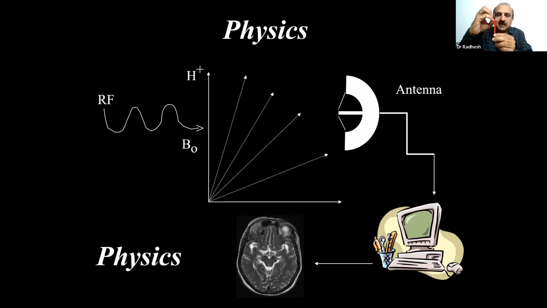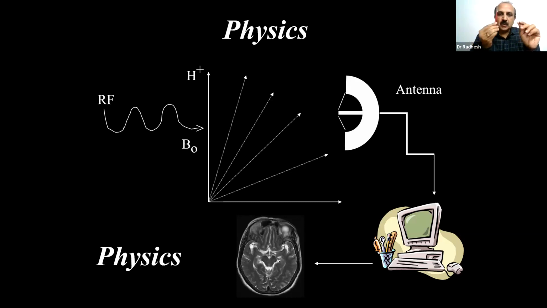The moment I bombard this hydrogen proton with radio frequency, it flips into the horizontal plane. Now, what happens? Once it flips into the horizontal plane, we always know anything which absorbs energy has to give back the energy to the surrounding medium.